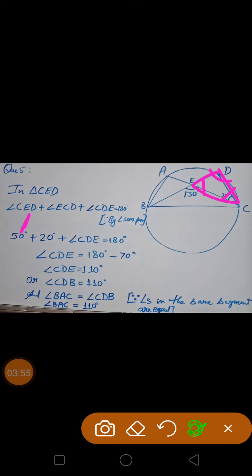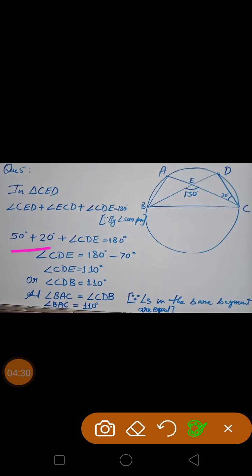ECD, this angle, is given as 20 degrees, so write 20 degrees, and CDE we are going to find. Write as it is, equal to 180 degrees. Now add these two, it is 70, and 70 will be subtracted from 180, so we will get angle CDE. Angle CDE means this angle is 110 degrees.